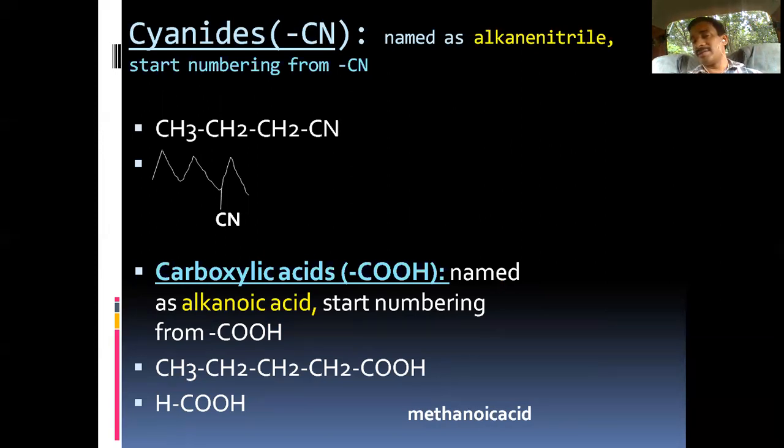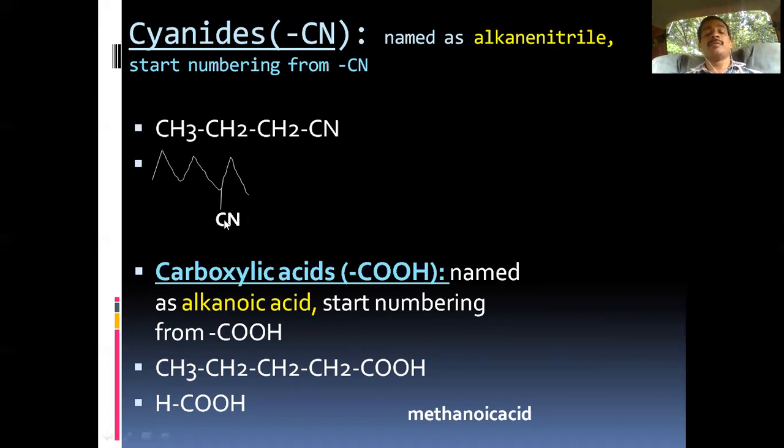So here what you have to note is to start numbering from the CN group. In the first example, start numbering from here. 1, 2, 3, 4. Since there are 4 carbon atoms, it is butane, but the group is nitrile. So butanenitrile.